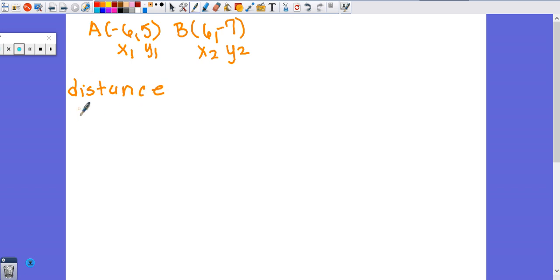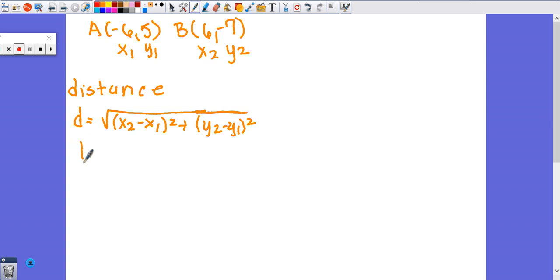we would get, the formula tells you what you do not have to memorize. It is on your formula sheet, so utilize it. So distance equals x2 minus x1 all squared plus y2 minus y1 all squared. And we're going to substitute into our formula.